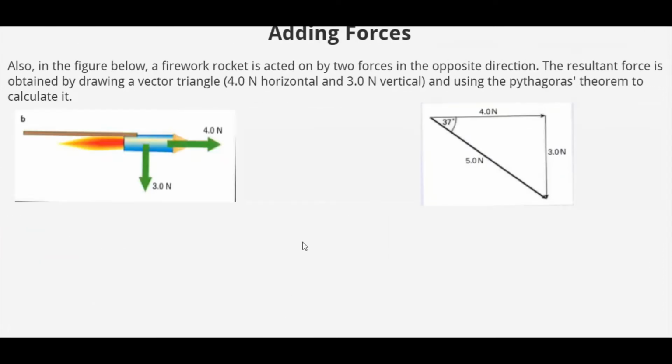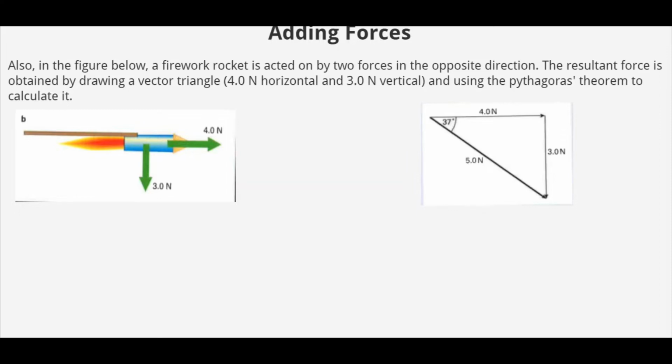Now, we are still dealing with how to add forces. Also, in the figure below, a firework rocket is acted upon by two forces in the opposite direction. The resultant force is obtained by drawing a vector triangle: 4 Newtons, which is horizontal, and 3 Newtons, which is vertical, and using the Pythagoras theorem to calculate it.